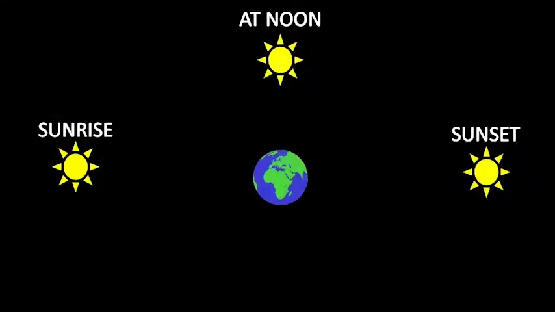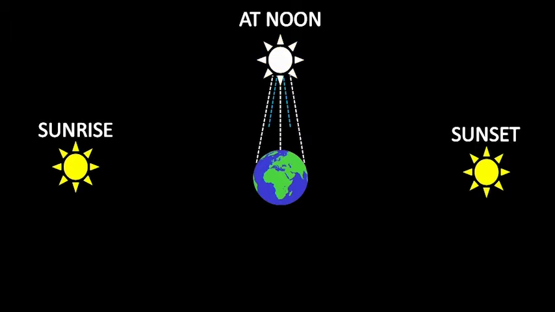See, you can see this slide effectively. At noon the sun is naturally nearer to us, but at the time of sunrise and sunset the sun is a little bit far away. The distance factor is very important. At noon the distance is less, but at sunrise and sunset the distance is more.